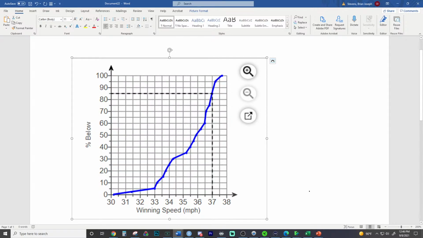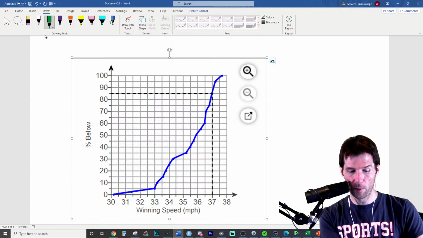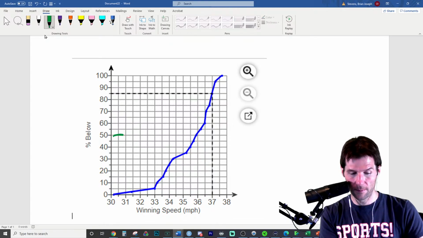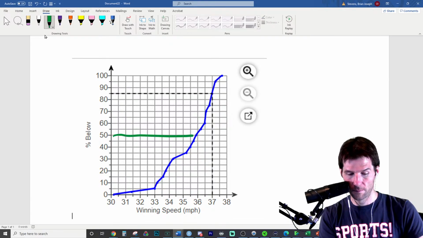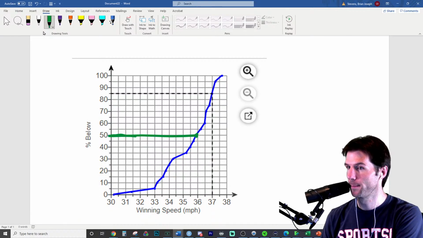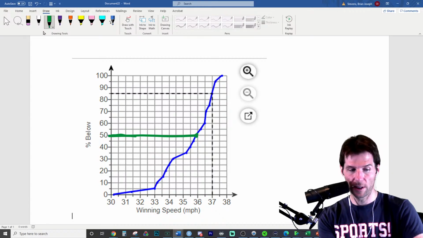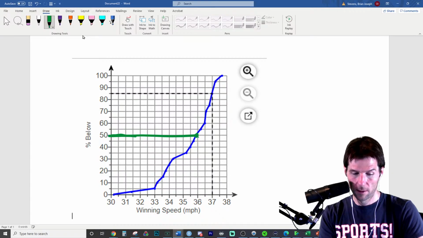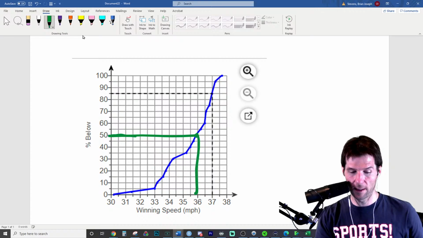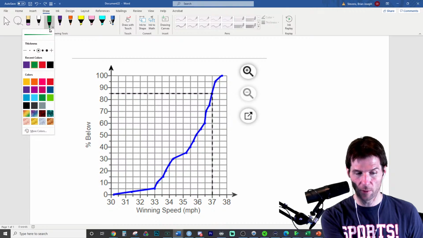So if I were to go right here, 50% is below this point right here, whatever that is, and we could trace it downward. I think that's where it's at. I've got to be careful, I've got to use a thinner pen.